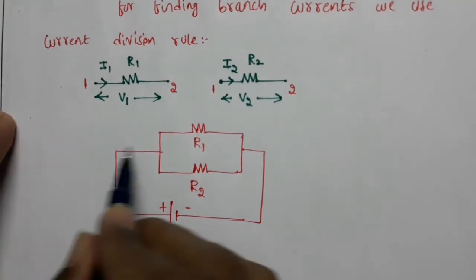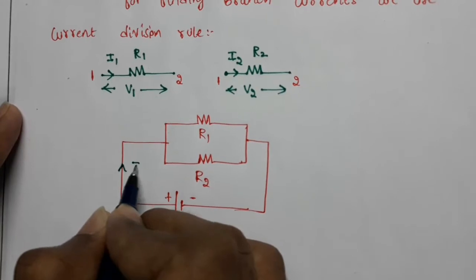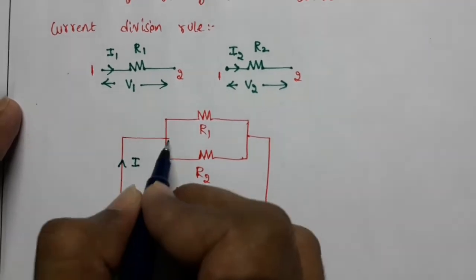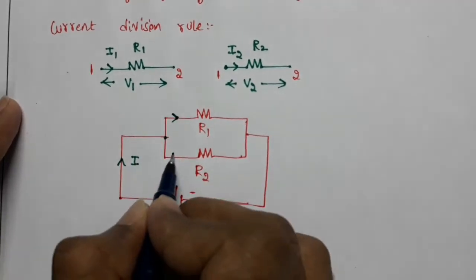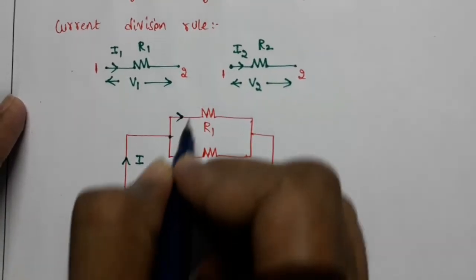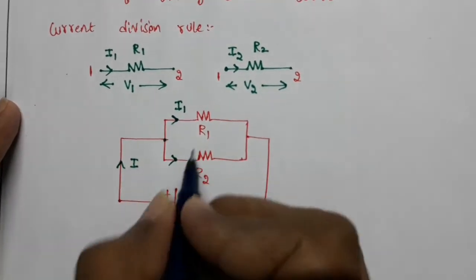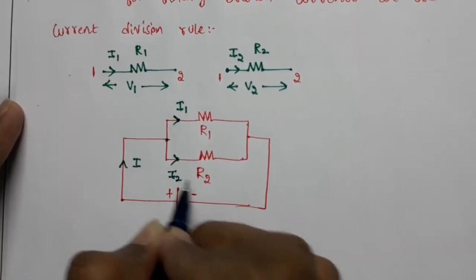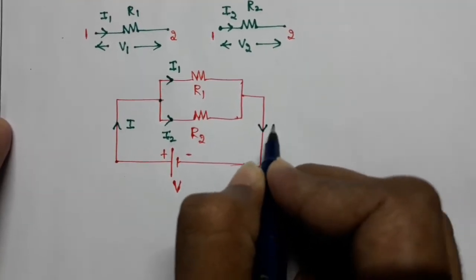As this forms a closed path, current will flow, that is total current equal to I. Here you can see that current has two paths. This is path 1 and this is path 2. So this branch current I am taking as I1, current through R1, and I2, this is current through R2, and total current remains same as I.